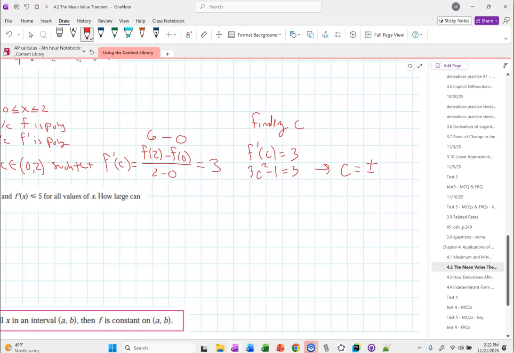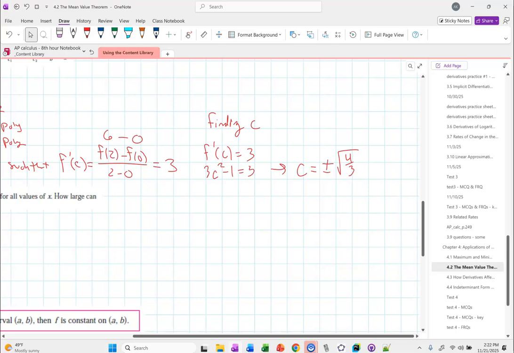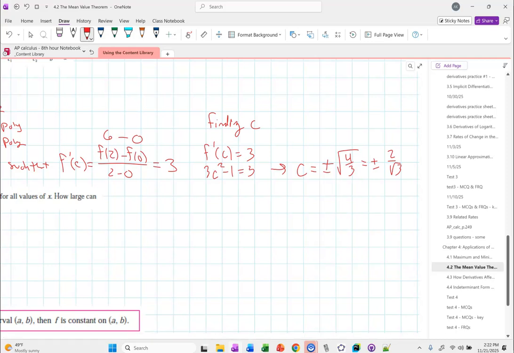Plus or minus the square root of 4/3, or plus or minus 2 over root 3. Okay? What we did there, just kind of showing you how I can use the mean value theorem to find the place on the derivative that has the same slope as the average for the mean value for the function.